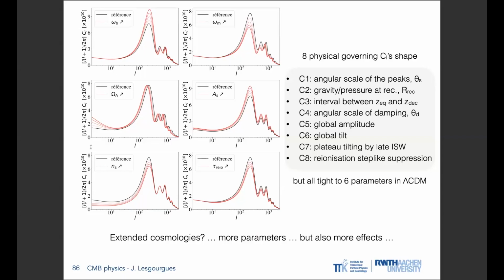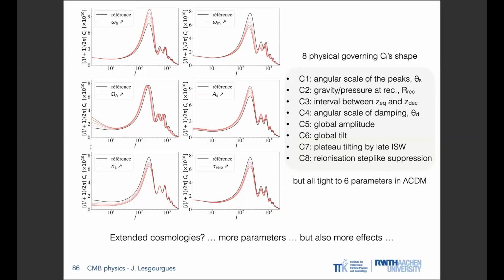There is an effect which is the angular scale of the peak, theta s, which is this pi over ls, so the ratio of sound horizon over angular diameter distance. There is the effect that is related to R at recombination, which comes from the balance between gravity and pressure, or between baryons and photons at recombination.